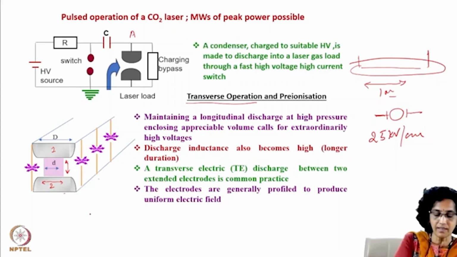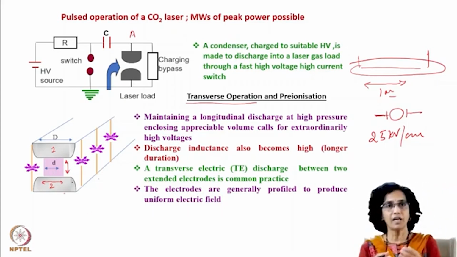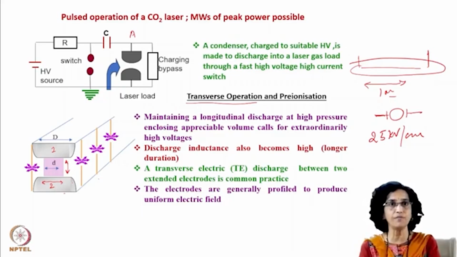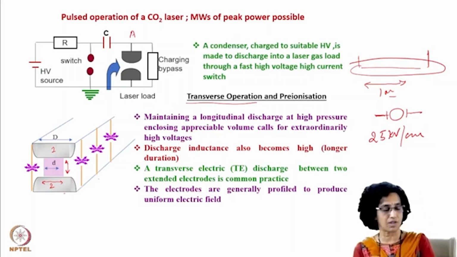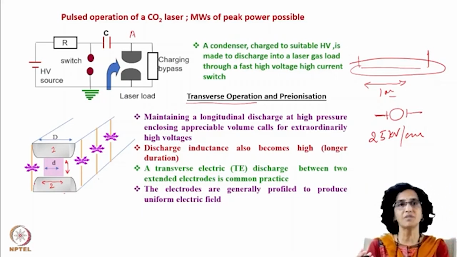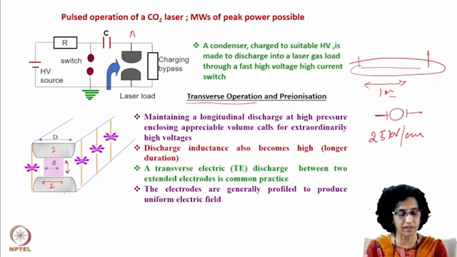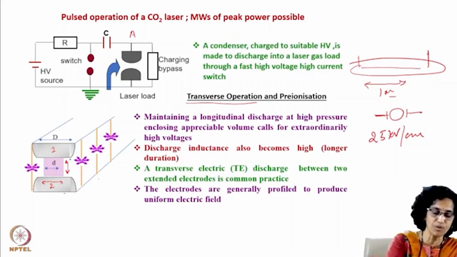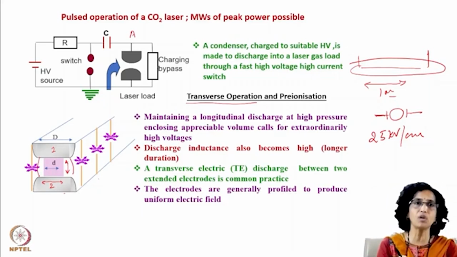Now, with these electrodes, we are always worried about instabilities. Why do we say that you cannot have glow discharge? Because if there are instabilities, they do not diffuse out, and if they do not diffuse out, then there can be an arc discharge. Wherever you have very strong curves or edges, the field becomes very large. This is called the edge effect. Therefore, if you have very strong edges, then instead of glow, you can actually have an arc between these points. And that is simply not what we want.